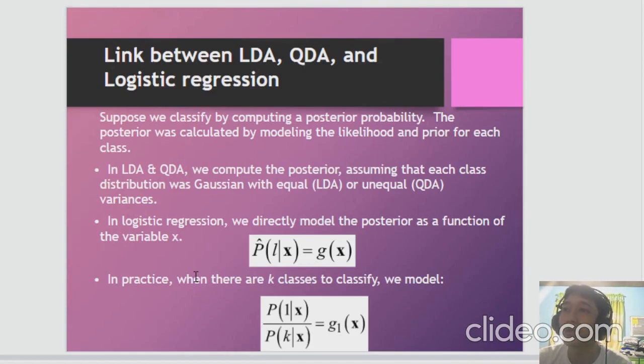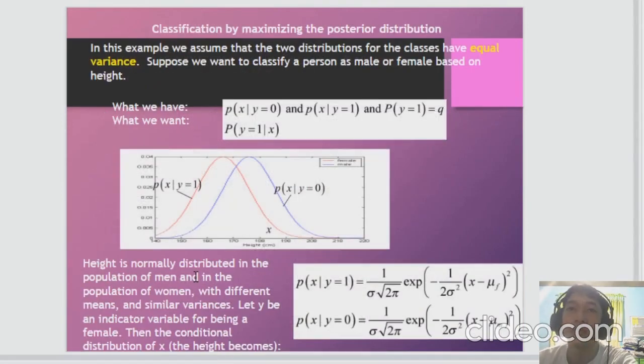In logistic regression, we directly model the posterior as a function of the variable x. In practice, when there are k classes to classify, we model.